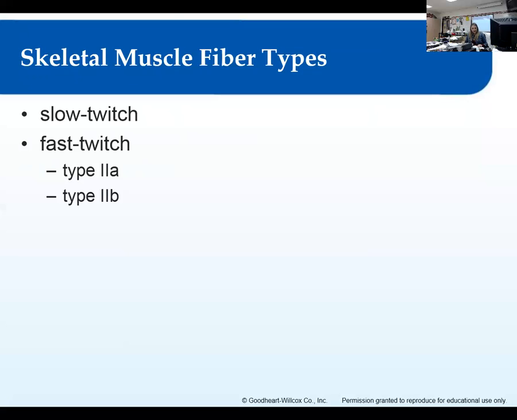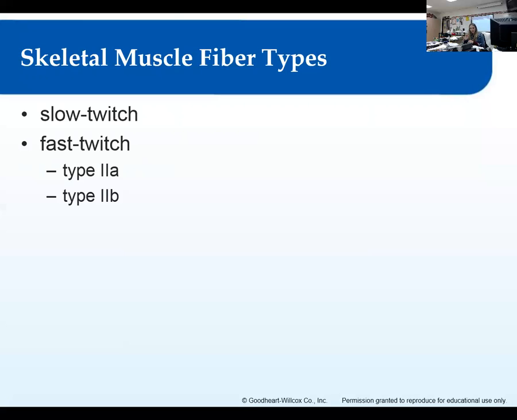Okay, fast twitch obviously tends to contract faster. And then there's two different types of those. You have type 2A, that's like an intermediate quickness, and then type 2B, and those are the very fastest. That's on your PowerPoint there.